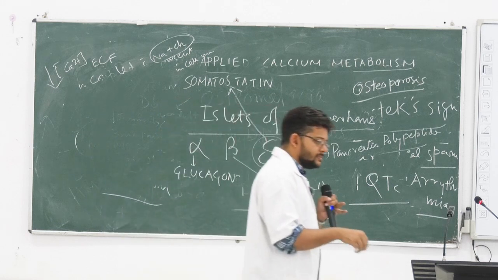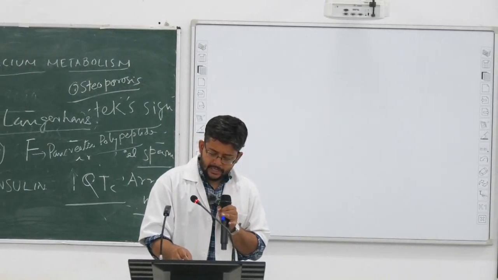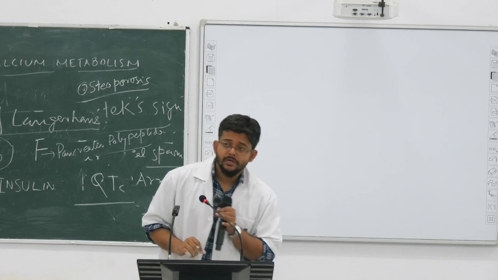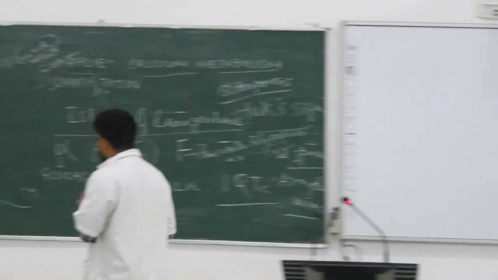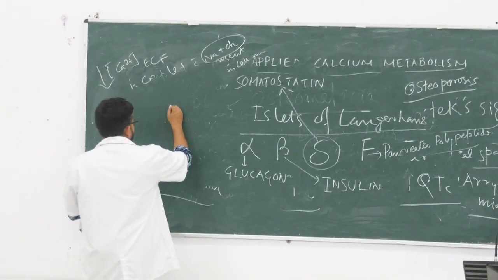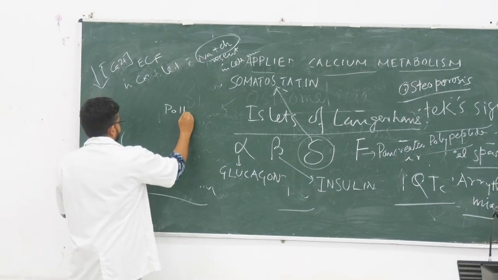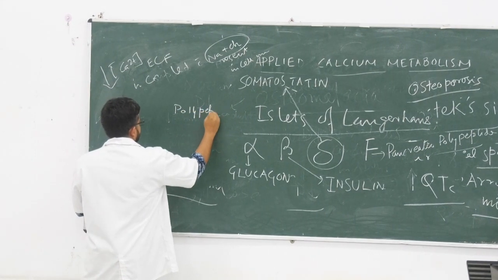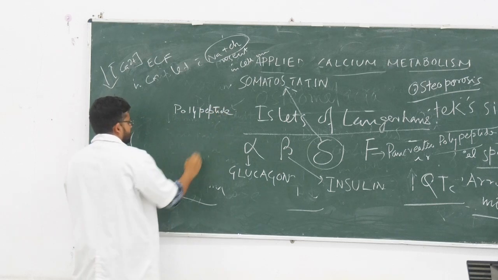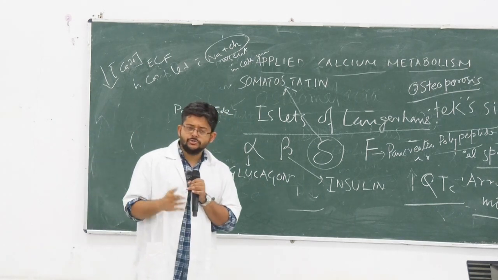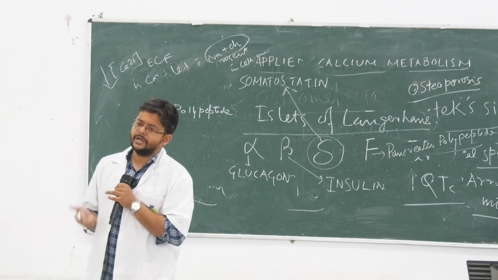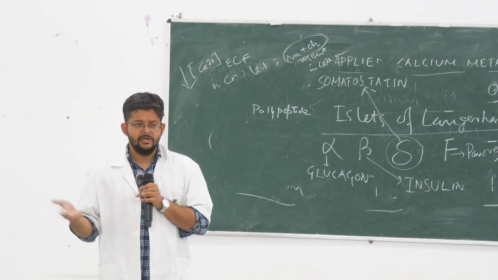Anyway, coming to this, insulin that comes from the beta cell, all the hormones and enzymes are protein lineage, right?